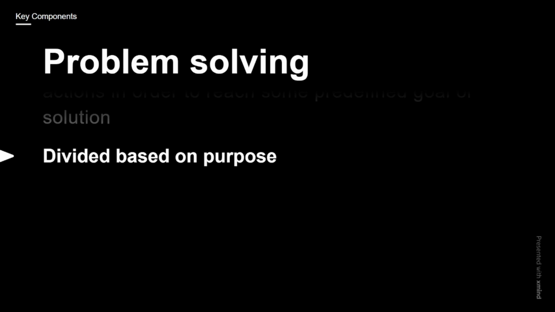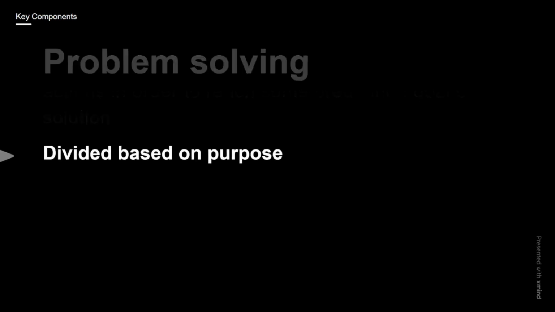It is divided based on purposes. When the purpose is to solve a special problem, say for example, I have to take attendance without human intervention, then what will I do?